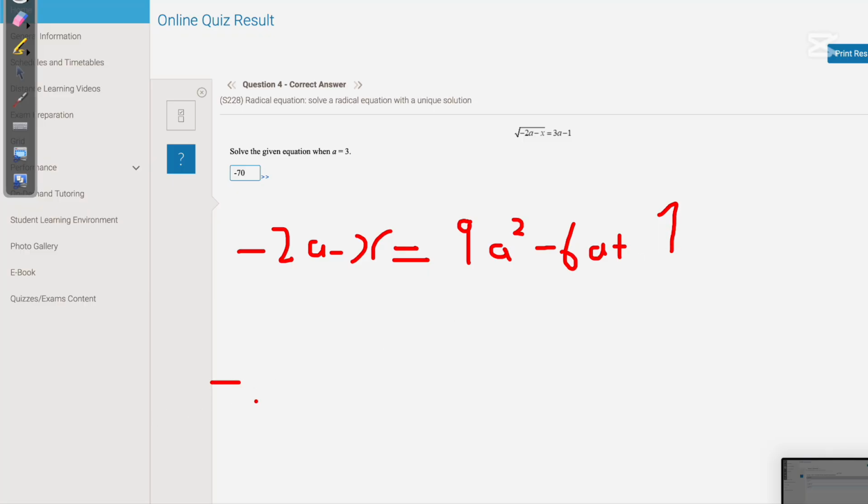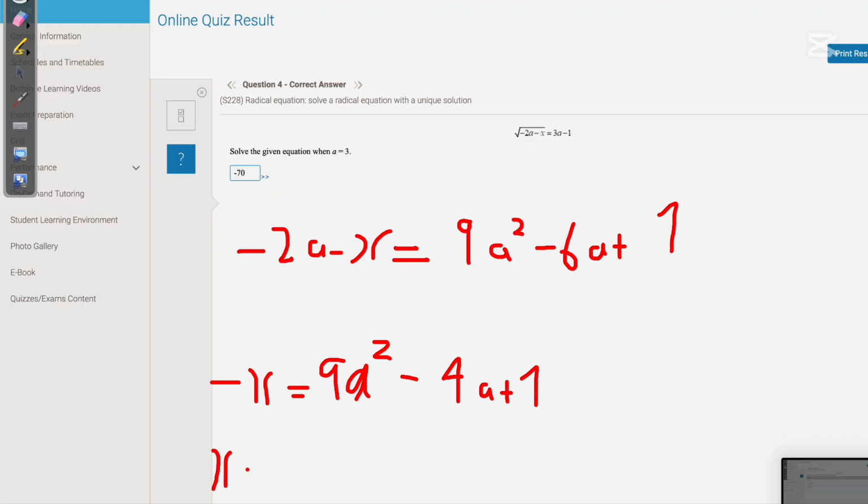So negative x will take negative 2a to the other side. So negative x will be equal to 9a squared minus 4a plus 1. Let's just multiply by negative 1 on both sides to make it just x.